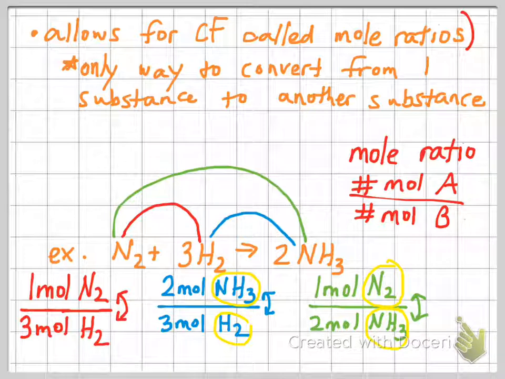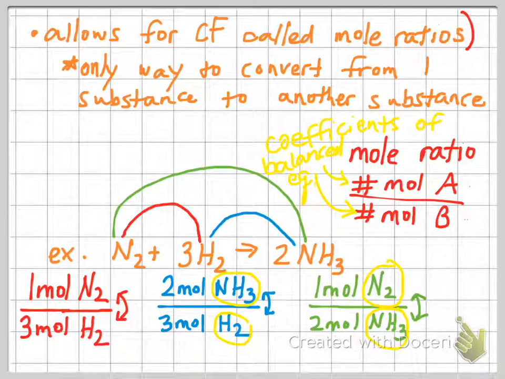This is the only tool on your toolkit where the substances aren't the same. And again, you can make a note to yourself, where do I get these numbers from? These numbers come from my coefficients of my balanced equation.